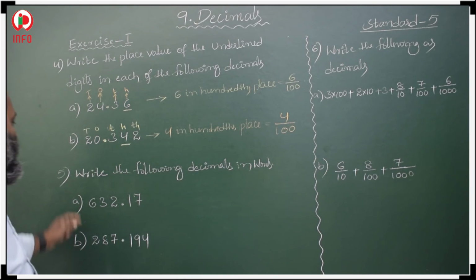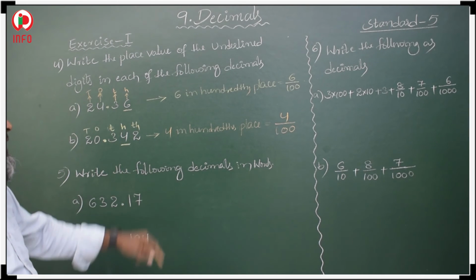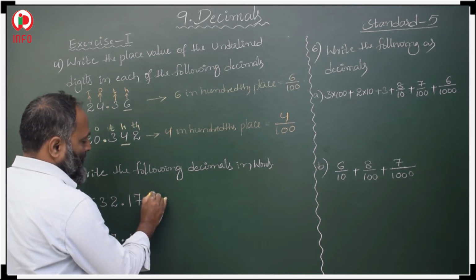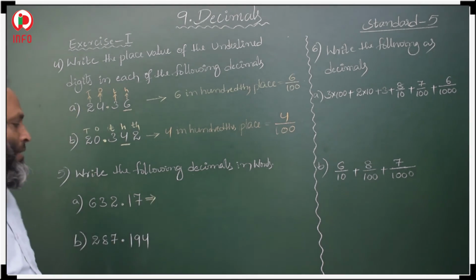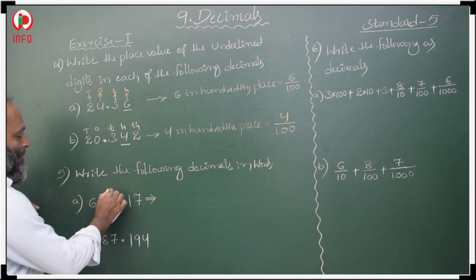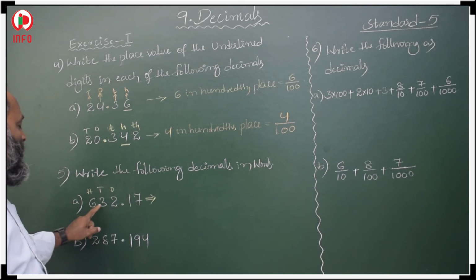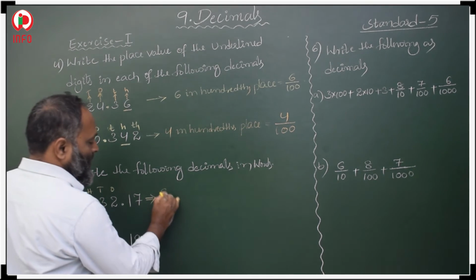Now see here, fifth one. Write the following decimal in words. If decimal numbers are given, how to write in words? This is ones place, tens place, hundreds place: 632. This we know.